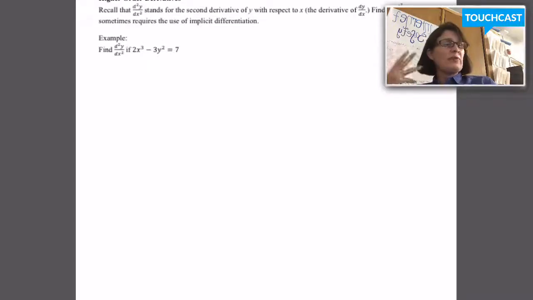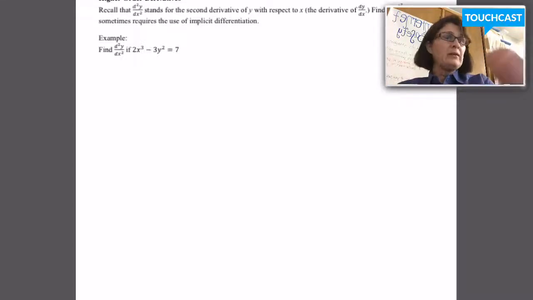Just like if this were an explicit function, I'm going to start by finding the first derivative. So I'm going to start by finding dy dx. My plan here is to take the derivative of both sides with respect to x. The derivative of 2x cubed with respect to x is 6x squared, minus the derivative of 3y squared with respect to y, which is 6y, and I'm going to multiply by dy dx.